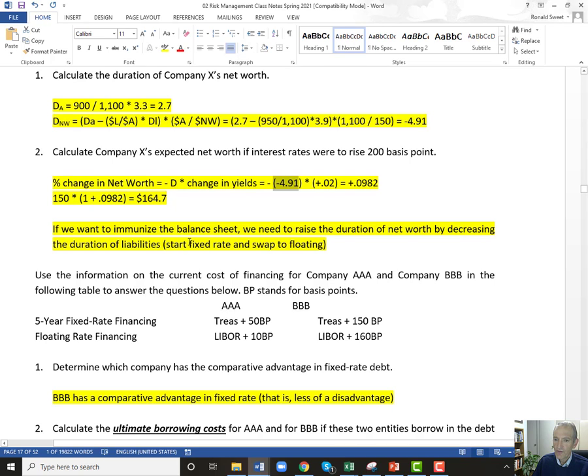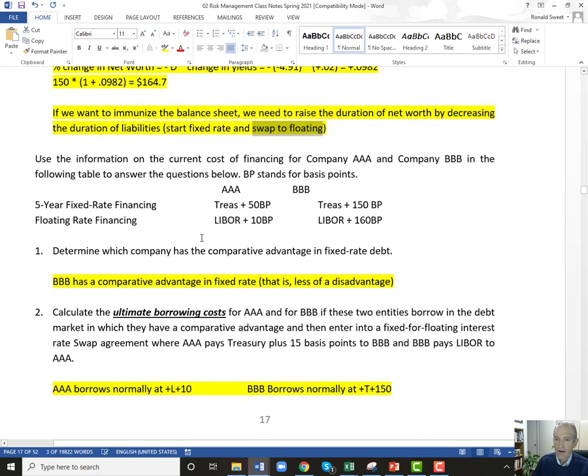Well, you start with fixed rate and you swap in the floating. All right, so let's look at this. Who has the advantage? Remember, on this, you put the difference over on the side. What's the difference here? Well, here, AAA is 100 basis points better.